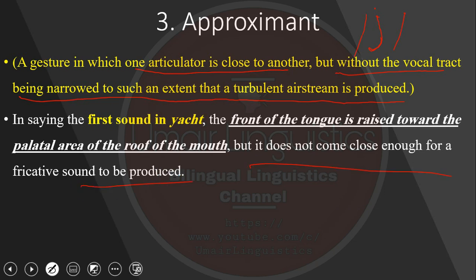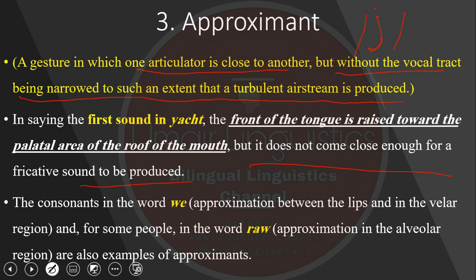If you notice it carefully and produce the sound y, you will notice that the front part of the tongue is raised toward the palate, but it is not too close to the roof of the mouth to produce a fricative sound.